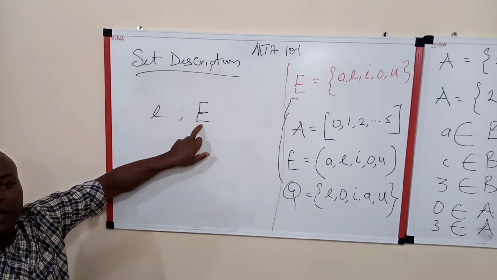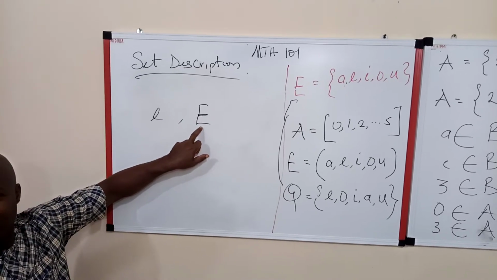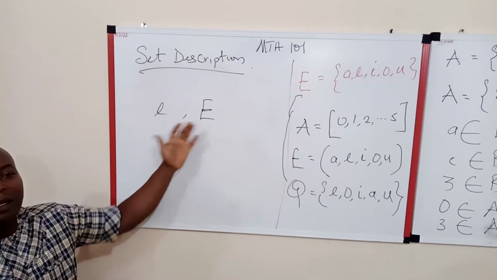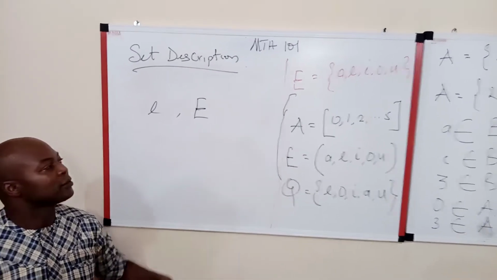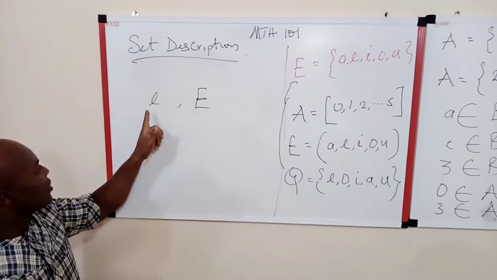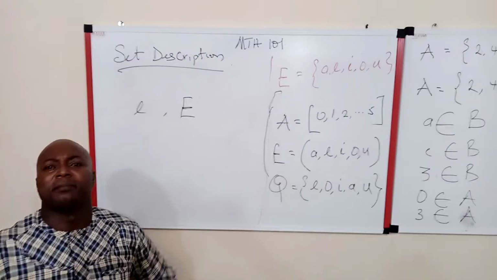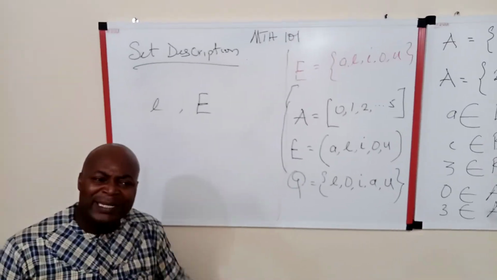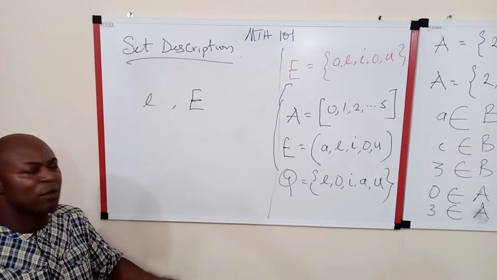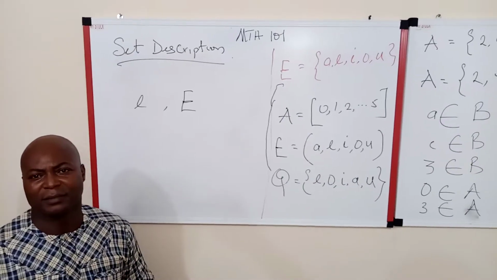This one is also E, uppercase. In this context, they are the same because they are all called E. But it is also possible that these two might not be the same, depending on the information. That is why we are saying that it must be well defined.